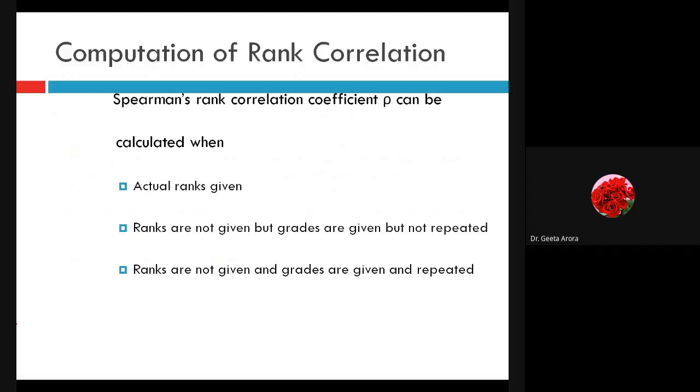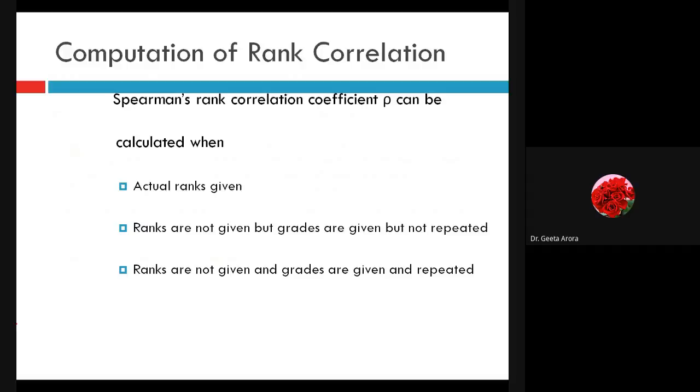There could be a tie in performances, because judges just give values and then we have to rank them. It is possible judges have given similar marks to two or three candidates, so obviously there is a tie. So these three things we are going to work with.